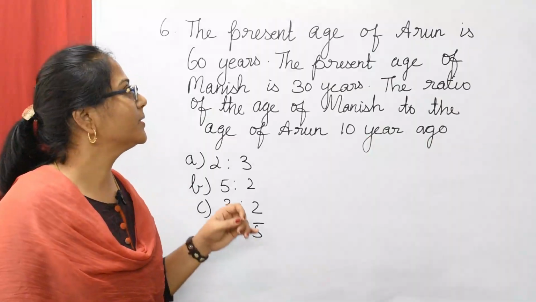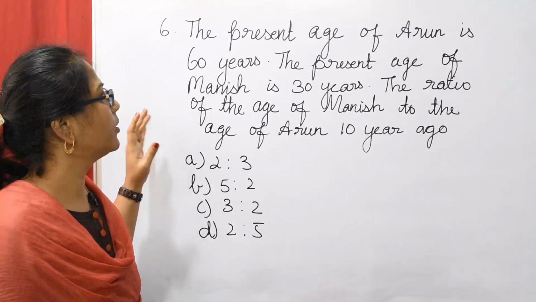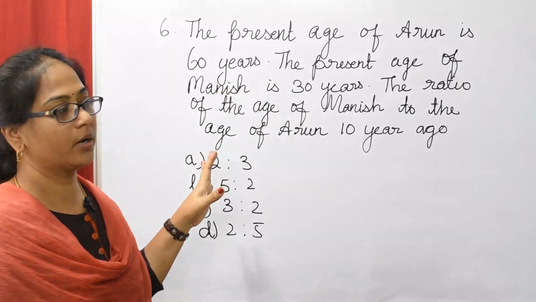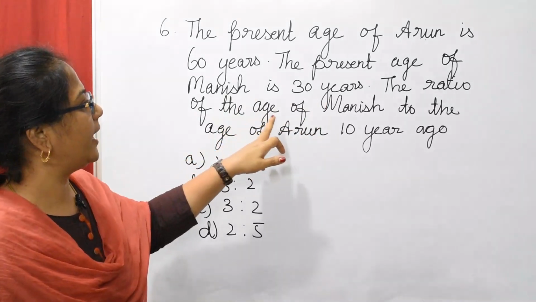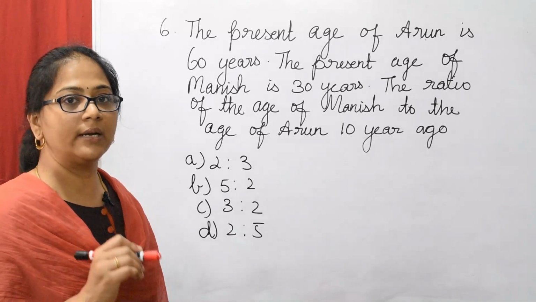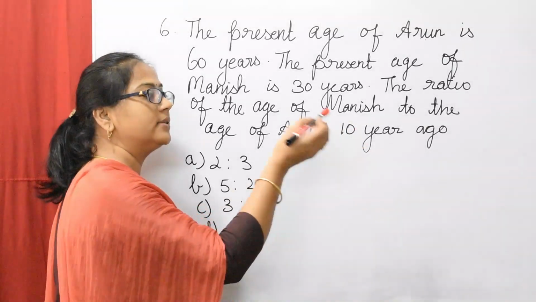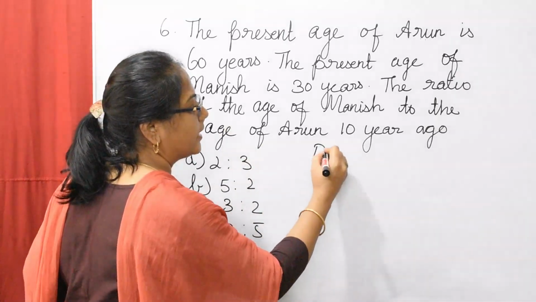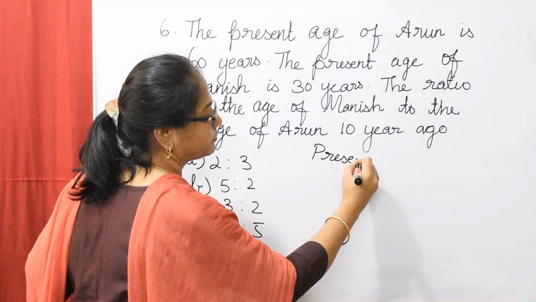Now question 6. The present age of Arun is 60 years. The present age of Manish is 30 years. Now the ratio of the age of Manish to the age of Arun 10 years ago, that is the question. 10 years ago. So first, let us start with present age.